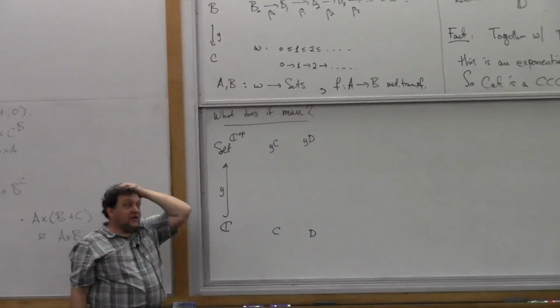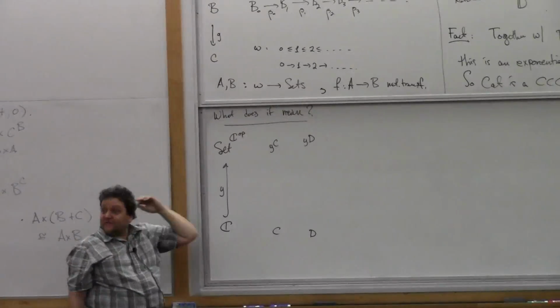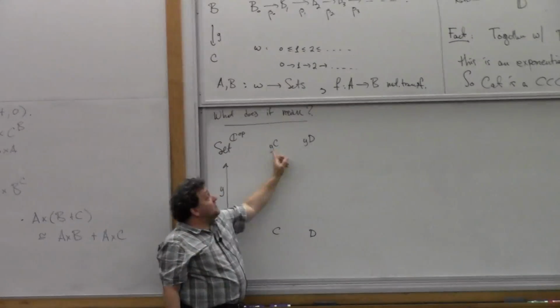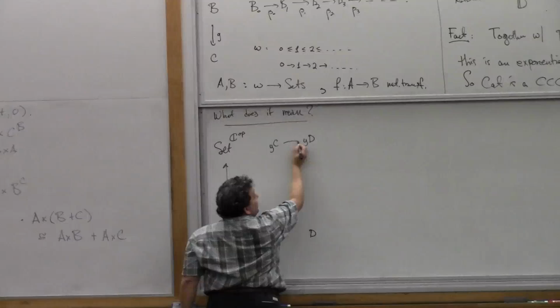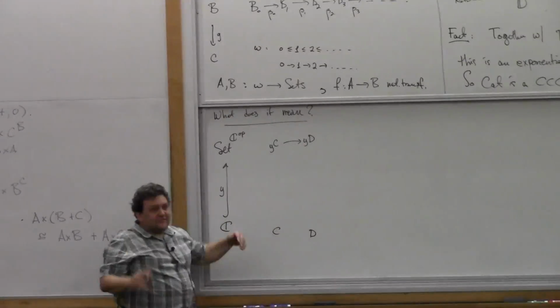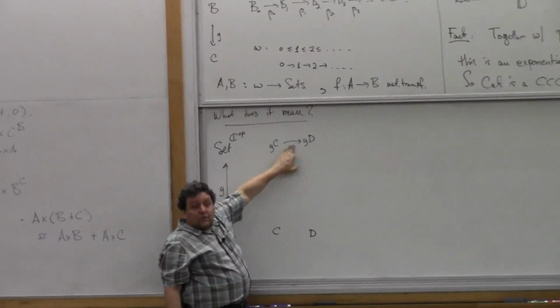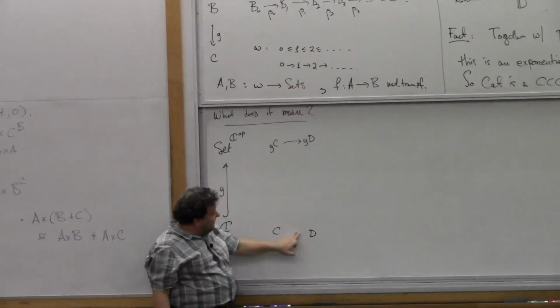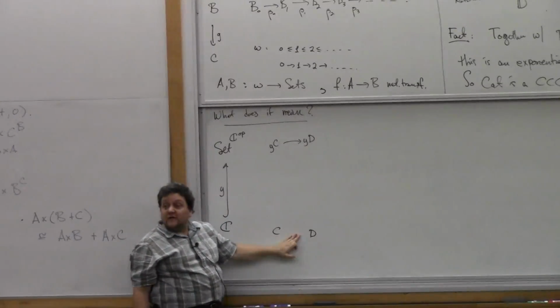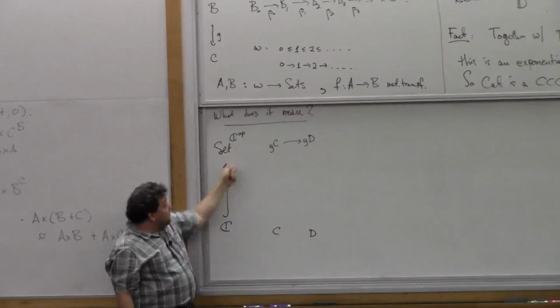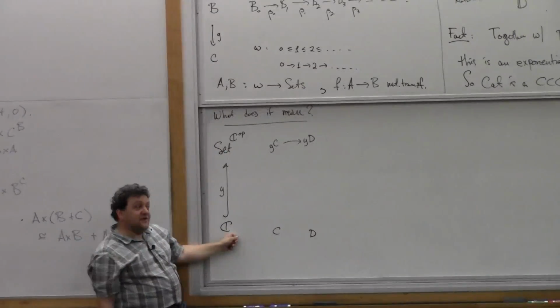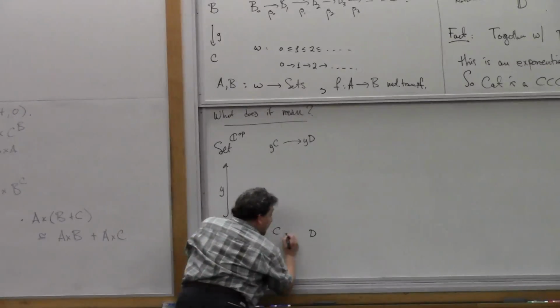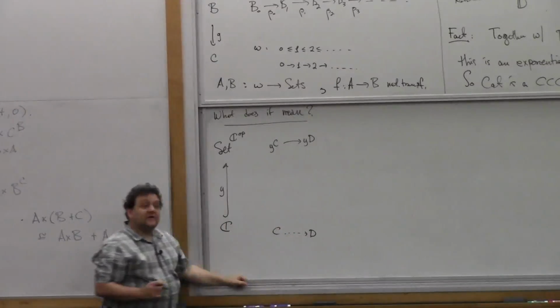We use the polymorphic lambda calculus up there to prove something about the images of C and D. For example, we'll prove that there's a map here, just to have something, right? And now what we'd like to know is we can reflect that information back down to C. Even though the methods of proof don't exist down here in C, because C is maybe some very meager category, we can still find a corresponding thing down there.